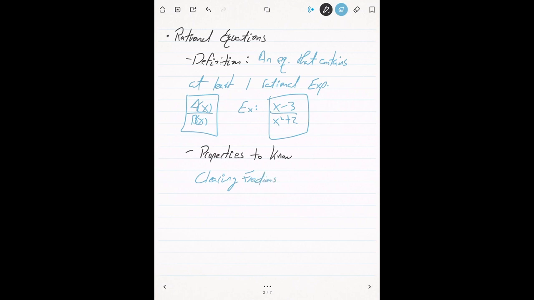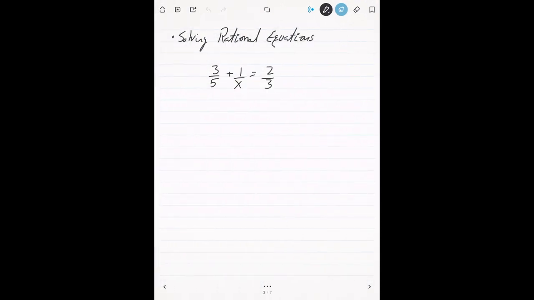We've also had things like making common denominators. We also have that property where when we multiply to the bottom, we also have to multiply to the top. So here are some properties of certain techniques we've used when working with fractions. Let's see if we can take these techniques and help us solve a rational equation.